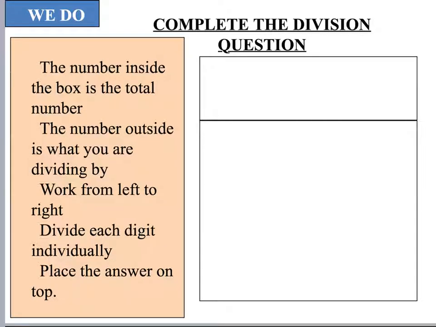Okay, we're going to do some questions together now. I want you to focus and copy down as we talk about it. Get your pen ready. I want you to copy down this question. We are doing 246 divided by 2. Write that down. Great. Now we're going to put it into the division algorithm.